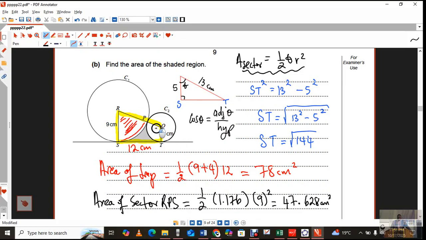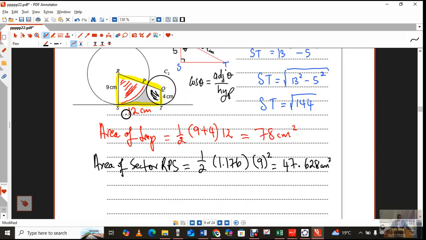Then I'm going to find the area of this smaller sector over there. When I look at that sector, I'm going to label it QPT.